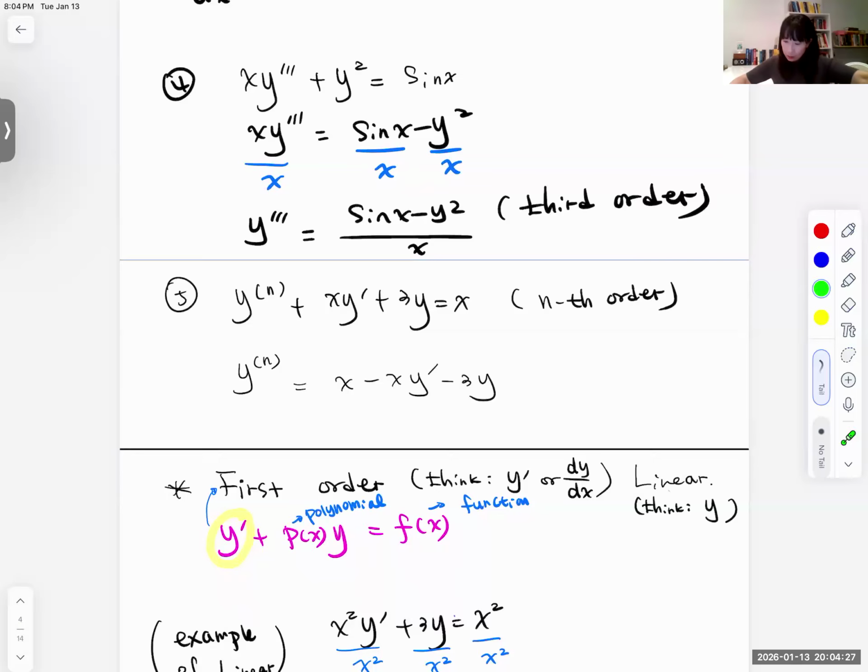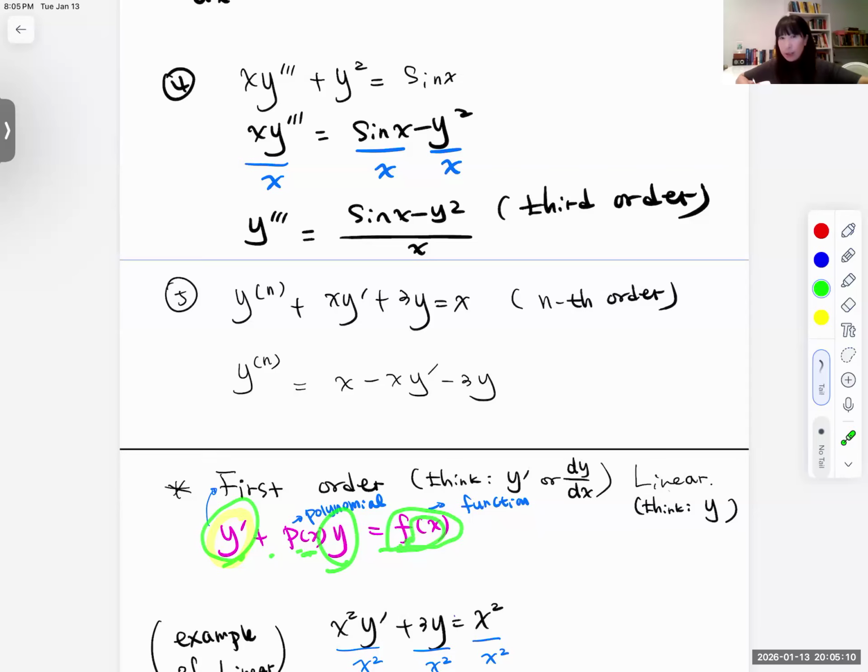Okay, now we have first order linear. First order means y prime or dy over dx, so only the first derivative, right? The form is y prime plus p of x times y equal to f of x.